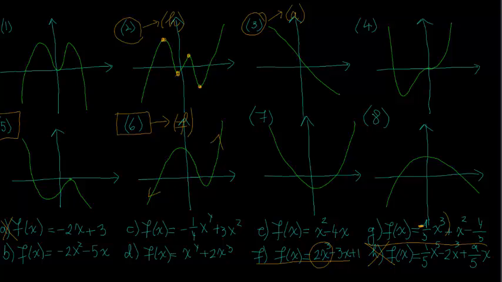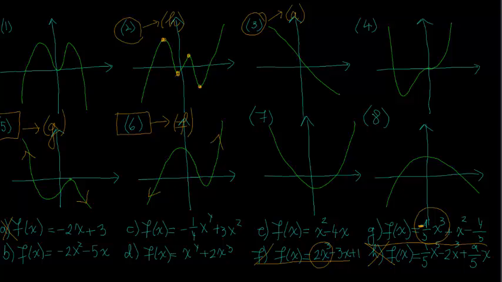As x goes to infinity, negative 1/3 times infinity cubed will be minus, so f of x goes to negative infinity, and when I plug negative infinity into that term, the two minuses cancel and the function values will shoot up to positive infinity. So this happens to be corresponding to g.